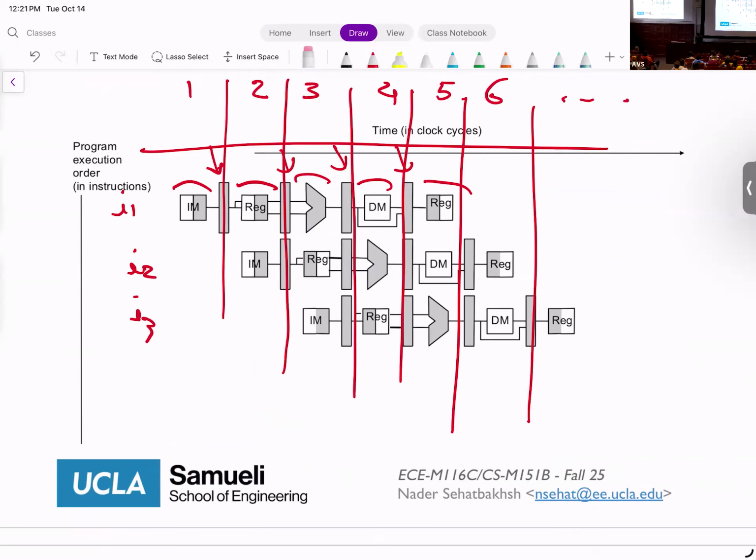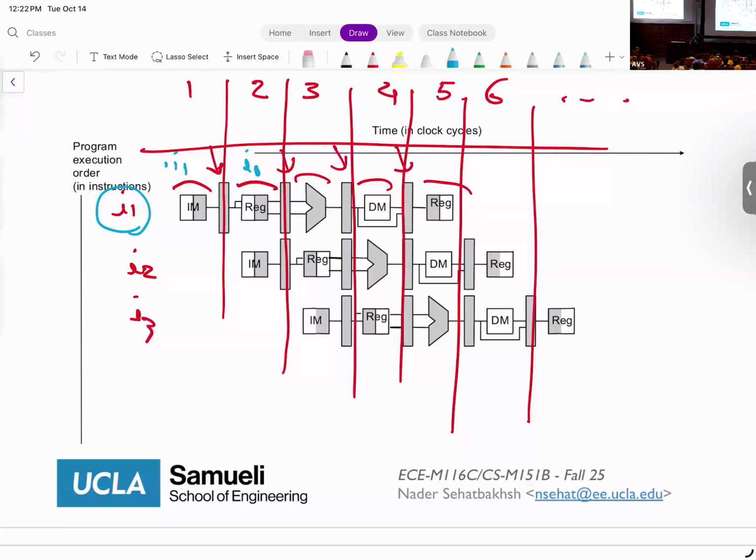So in cycle 1, I bring the first instruction into my instruction fetch. Okay, so this would be my I1. Then the next cycle comes, and this instruction advances to the next stage. So I1 goes to register read. In a multi-cycle or single-cycle design, we let I1 finish before we let I2 go inside our pipeline, and this will not give us the overlapping that we want.